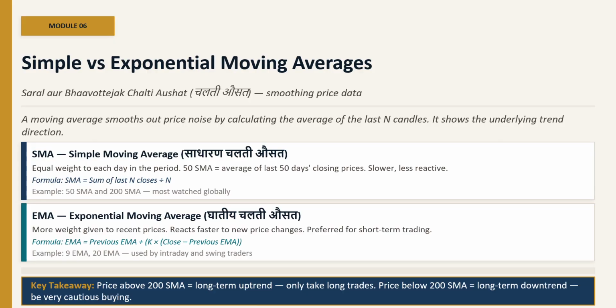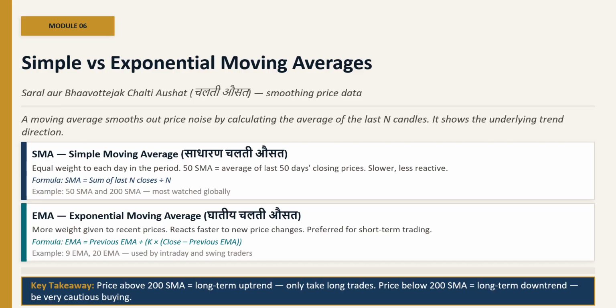It is slower and smoother, better for identifying long-term trends. The exponential moving average or EMA gives more weight to recent prices. It reacts faster to new price changes, better for short-term trading.